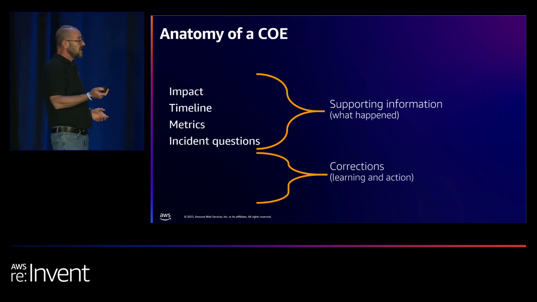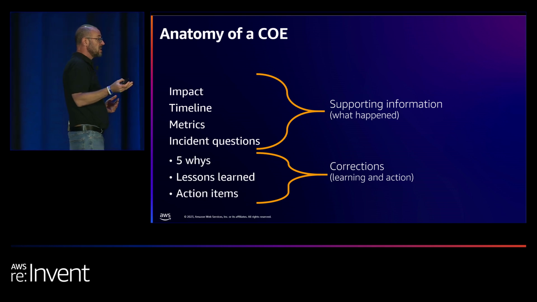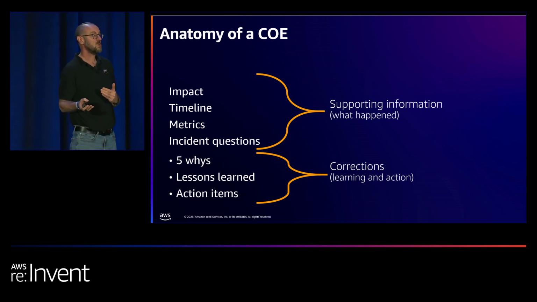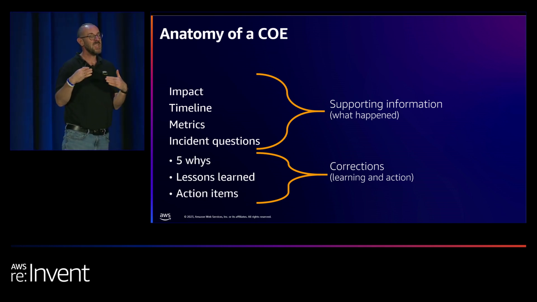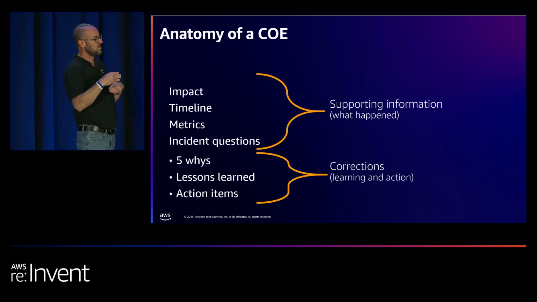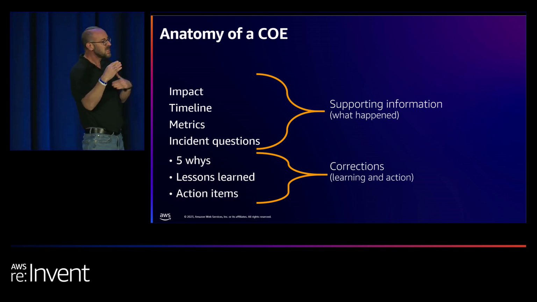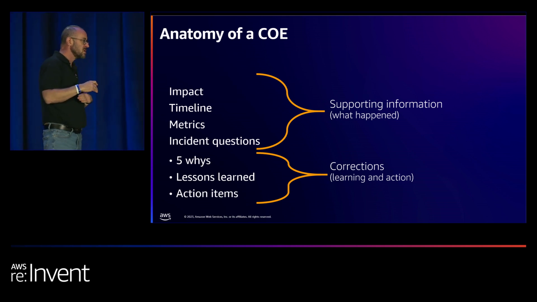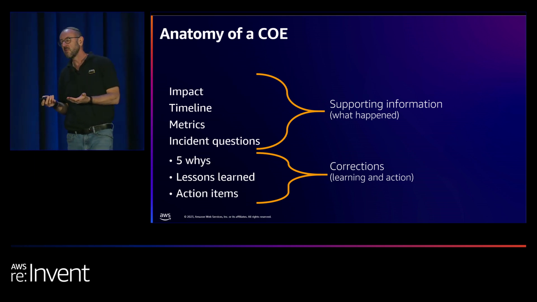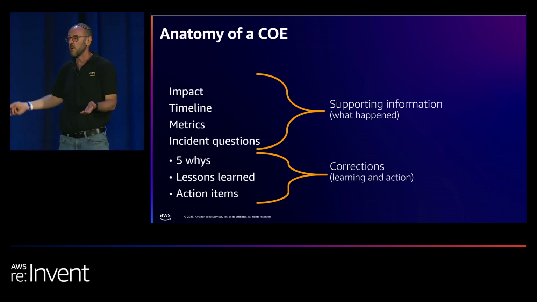The second part of the COE is the corrections part. And here we have the 5 whys, which we start with. The 5 whys is a mechanism which we use internally to try to get down to the root cause of what the problem was. Usually it's a configuration change, but that's not the root cause, because everything usually results in a configuration change, unless it's an act of God and something goes wrong.